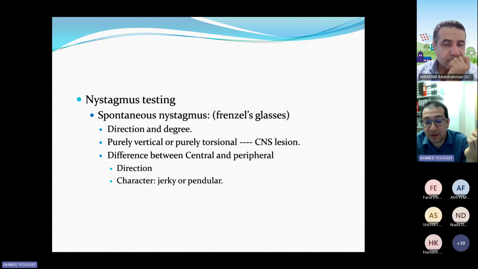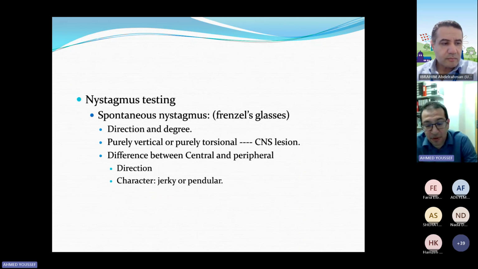If the nystagmus is direction changing, so if the patient looks to the right, it's right-sided, and if the patient turns to the left, it's left-sided, that's a central one. Then the character of the nystagmus: is it biphasic, meaning that there is a slow phase and a fast phase, or is it a pendular one?